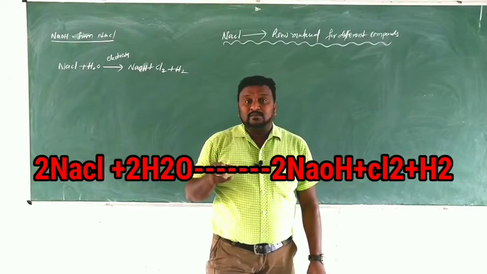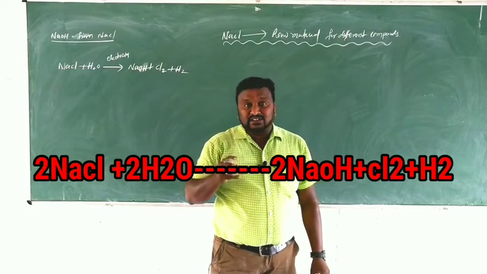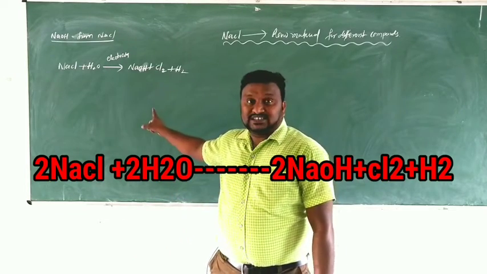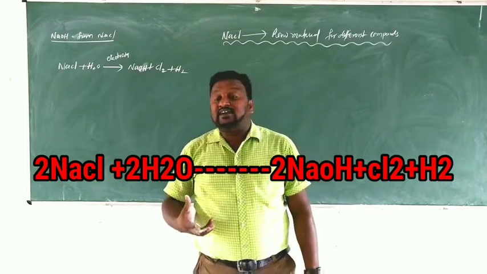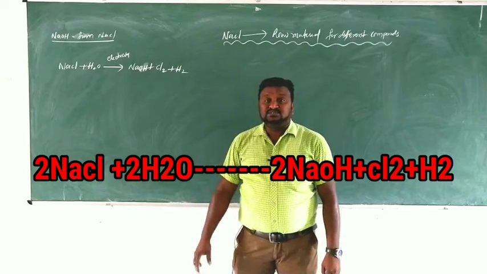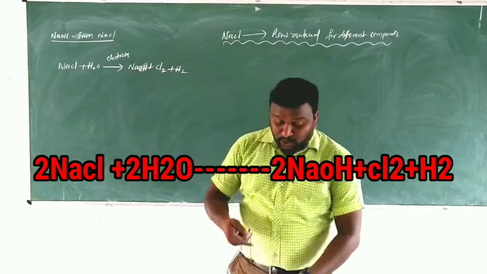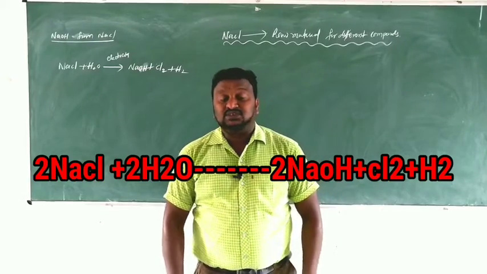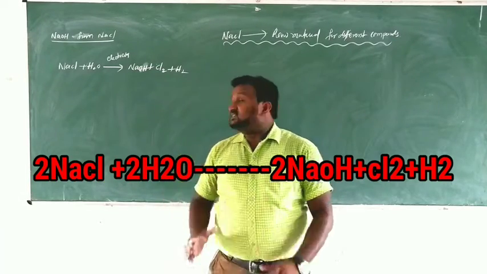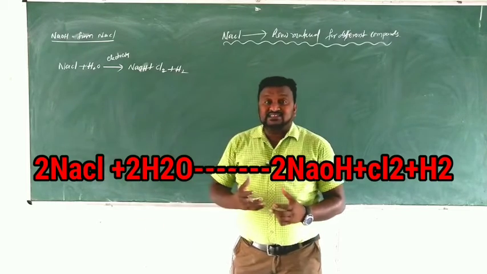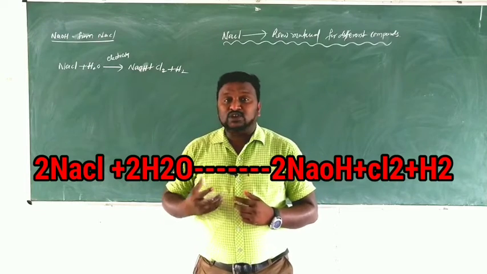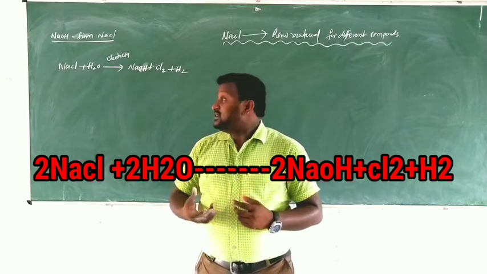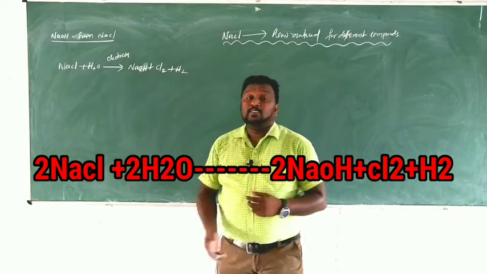When sodium chloride is mixed with water in the presence of electricity, we get sodium hydroxide, and along with the sodium hydroxide we get chlorine and hydrogen. This reaction is known as the chloro-alkali process. Very important for a 2 marks question: what is meant by the chloro-alkali process? When sodium chloride is combined with water in the presence of electricity, we get sodium hydroxide, which is a base, and along with it chlorine and hydrogen.